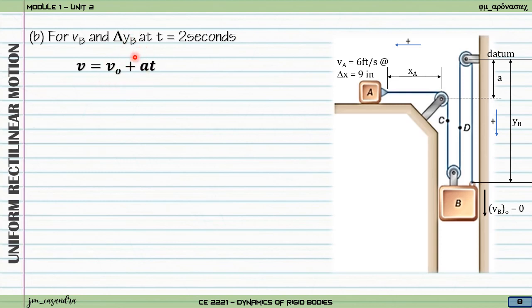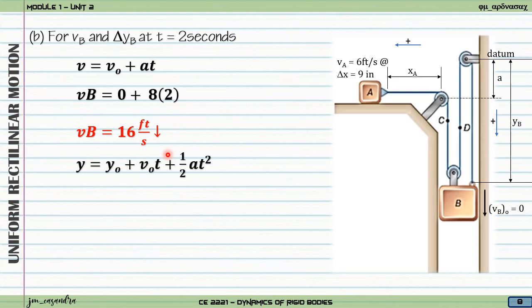We have solved for the acceleration of B, and we are given the time t. So it's just simple substitution. We have V of B is equal to 0 plus positive 8 times 2, and it will give us 16 feet per second. It's positive, so again, it is along our assumed positive direction, which is downwards.